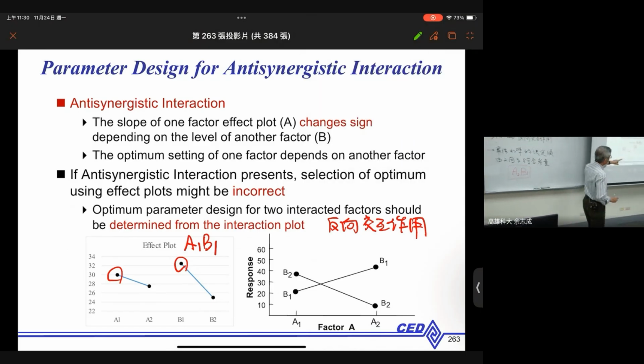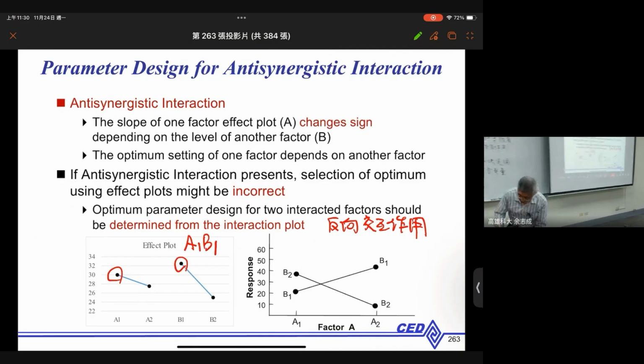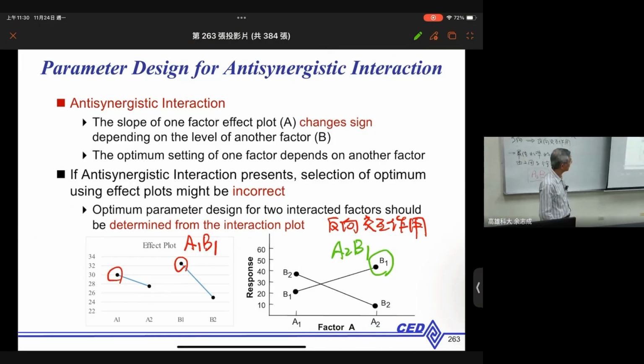interaction plot. In the interaction plot, which combination tells us will have the highest output? This combination, right? This combination is the highest. This one is the lowest. So the increase is greater. So this combination is the best. What combination? A2, B1. So here, it tells you A2, B1 is the best from the interaction plot.